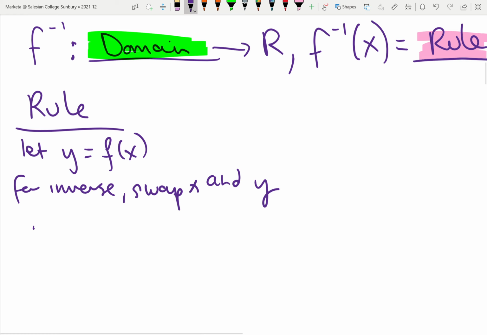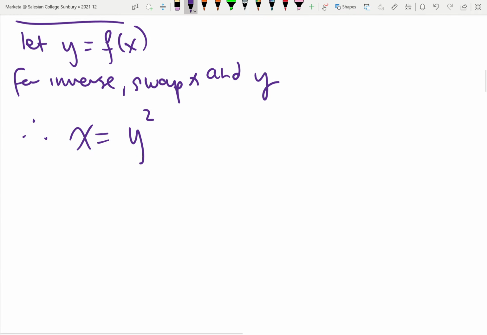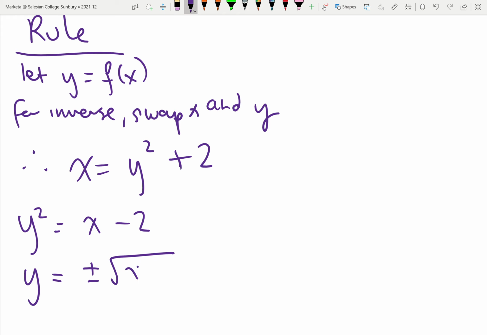So therefore, x equals y squared plus 2. So let's rearrange. y squared equals x minus 2, and we're going to root both sides. y equals plus or minus root x minus 2. So this will be our rule.